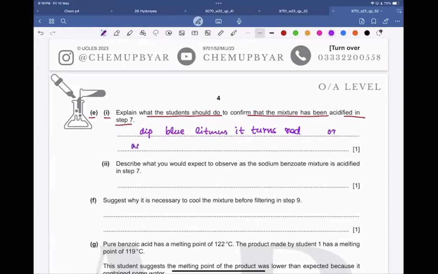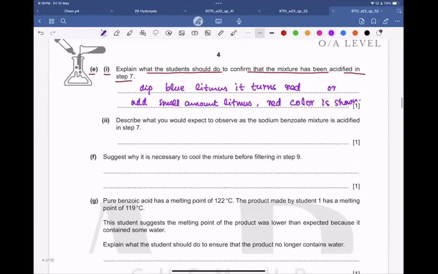Or add a small amount of any indicator, you can write like litmus indicator. Red color is shown because the acid shows the red color. Or any other indicator can also be written. Is this clear?